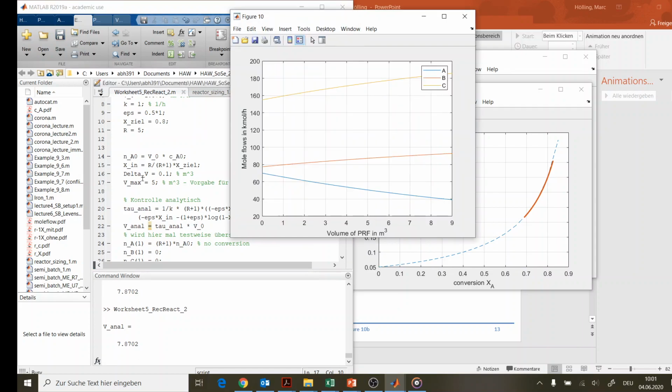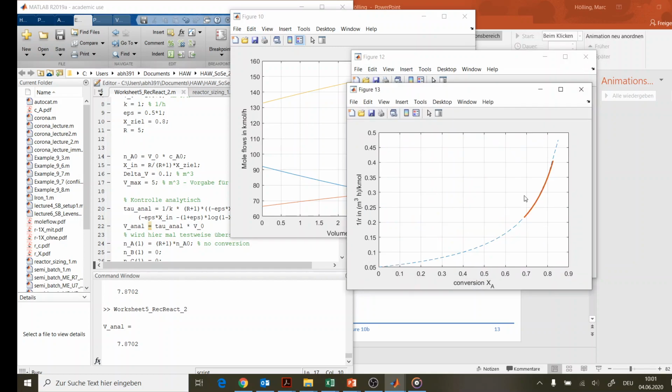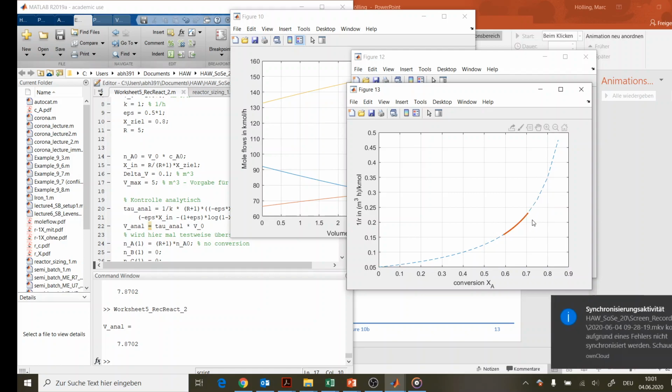If you start with a volume that is too little, then you have a conversion at the outlet of only 70%.